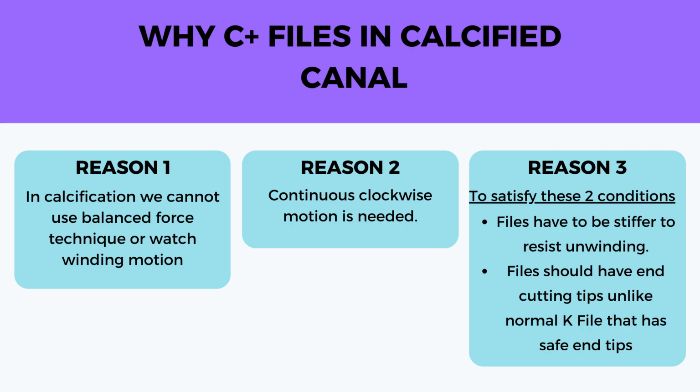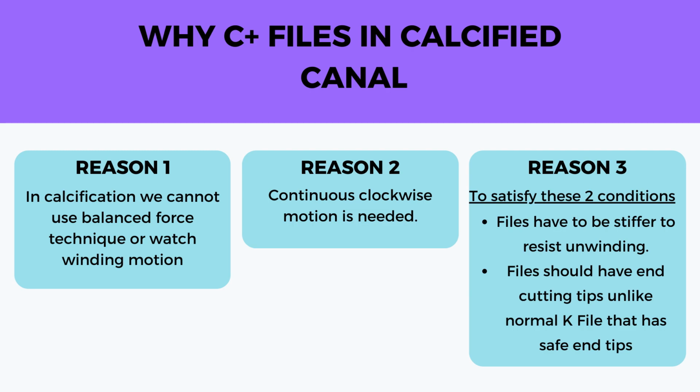We cannot use K-files in these circumstances because K-files do not have end cutting. You always use C+ files when you are supposed to go through a calcified canal. C+ files have end cutting tips, whereas K-files have a safe end.